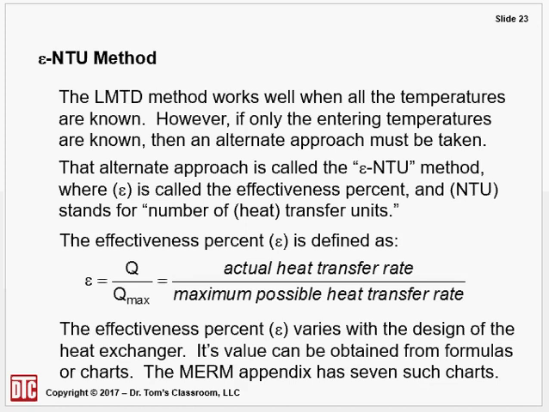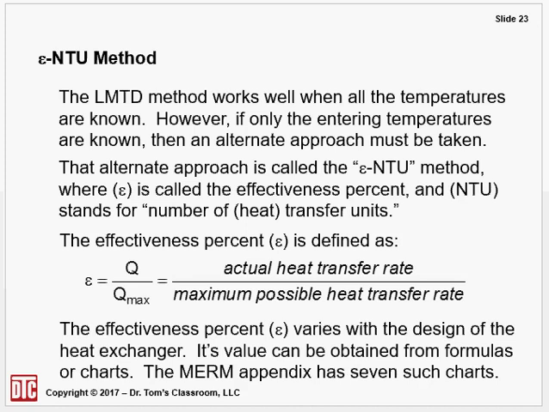The effectiveness varies with the design of the heat exchanger. These can be obtained from formulas or charts. The MERM has 7 such charts, nice charts. I use them in the examples here, the challenge problems, and the assessment. In the main body of heat exchanger design, the MERM has the equations for parallel flow and counterflow, but none others.